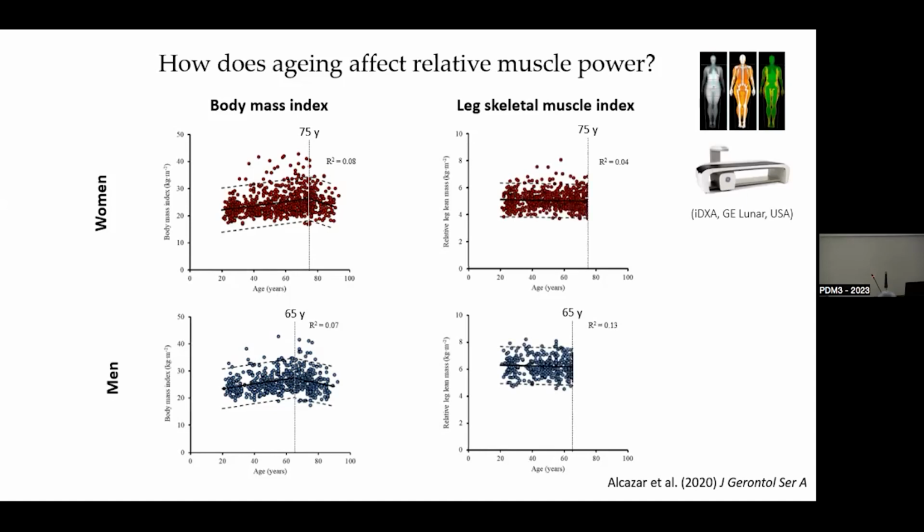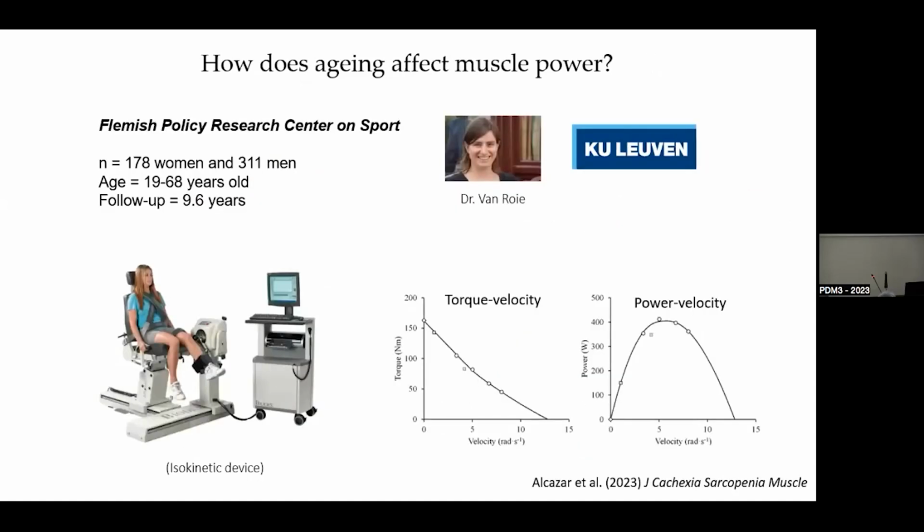Of course, this was measured with DXA, and we know that it presents some limitations. But it wasn't until they were 75 years in the case of women and 65 years in the case of men that they experienced a decline in leg skeletal muscle index, right?